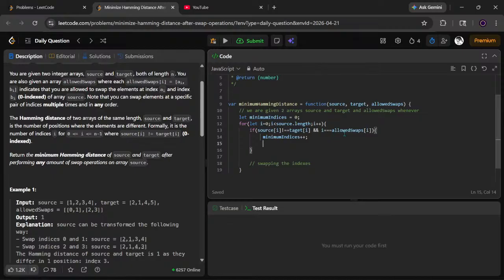This will not work, man. We need double indices for this also. This condition will not work. We need to maintain a separate pointer for this. How can I manage this allowed swap?